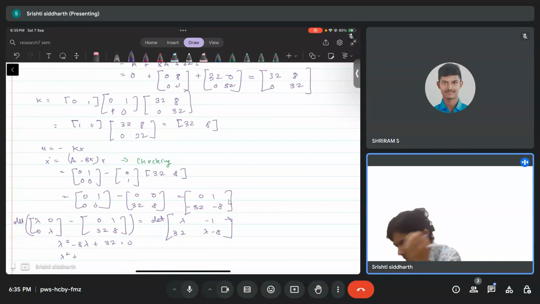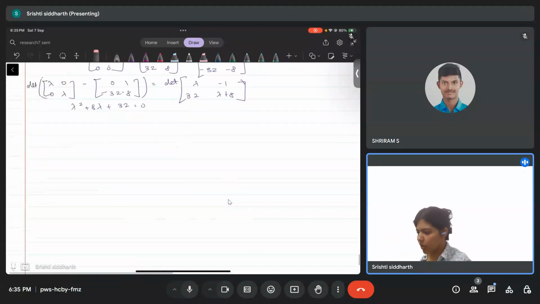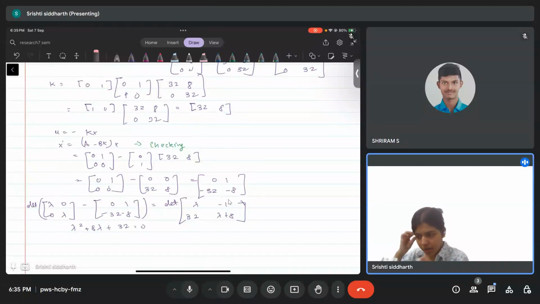Lambda minus and minus, this is plus. So lambda square plus 8 lambda plus 32. So this was exactly equal to the desired characteristic equation that we started with. If the computations are long or if you have a higher order system, then I would suggest that you always check at the end whether you got the same desired characteristic equation or not.